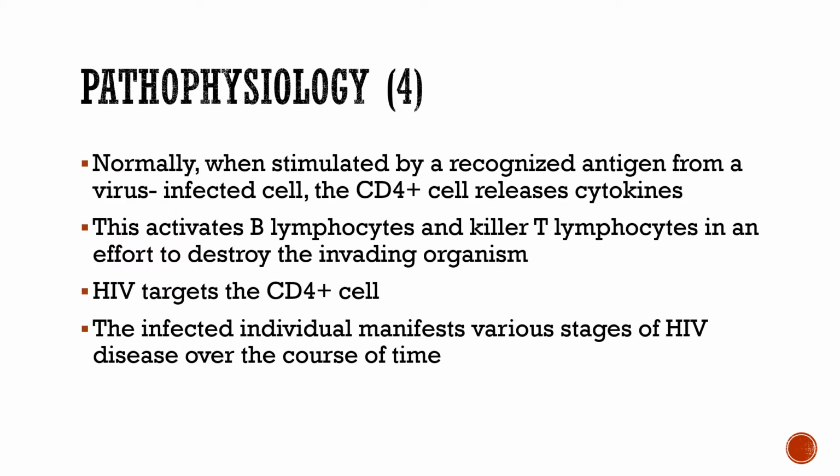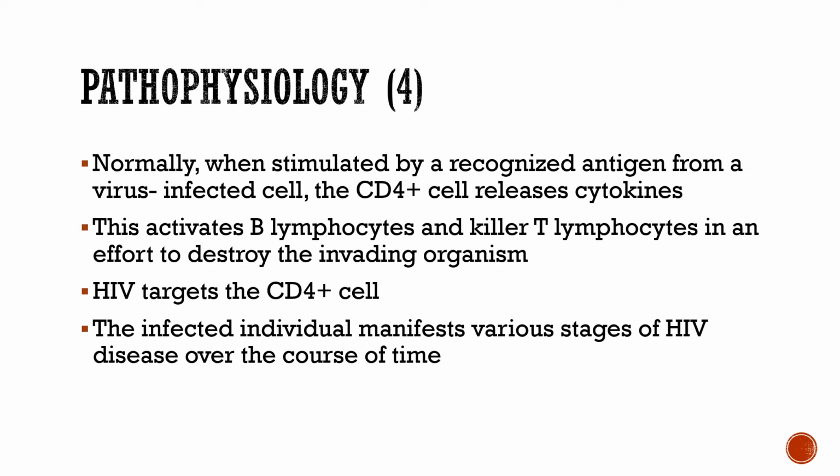So normally, when stimulated by a recognized antigen from a virus-infected cell, the CD4 cell is going to release cytokines. This will activate the B lymphocytes and the killer T lymphocytes in an effort to destroy the invading organism.